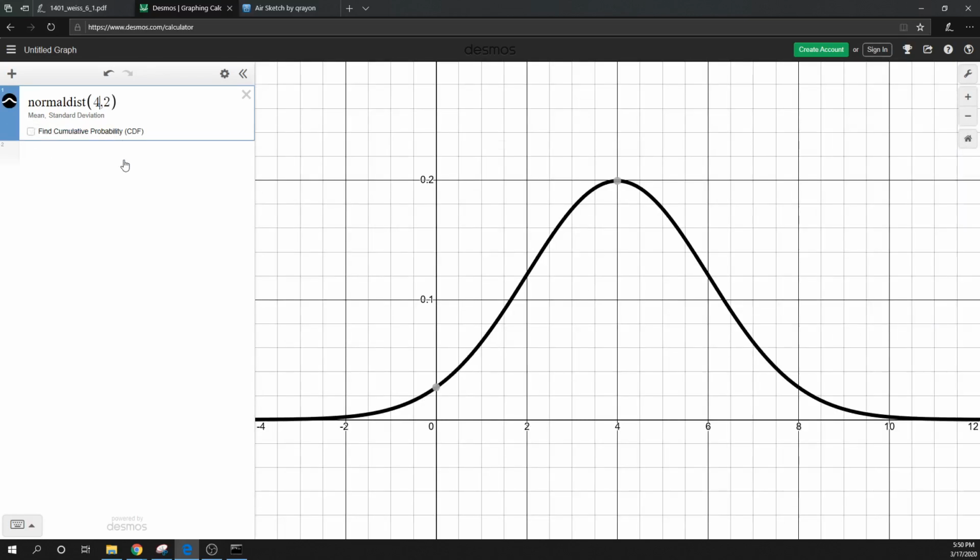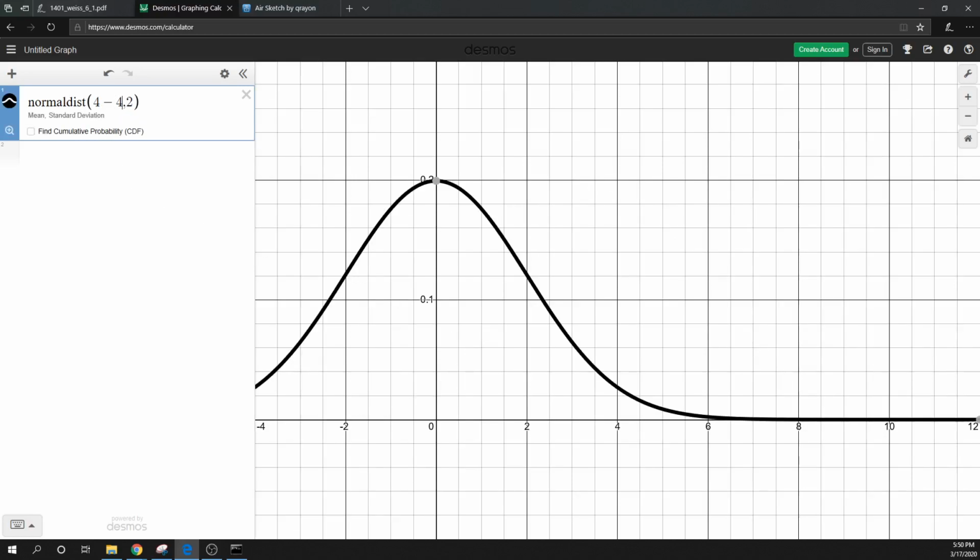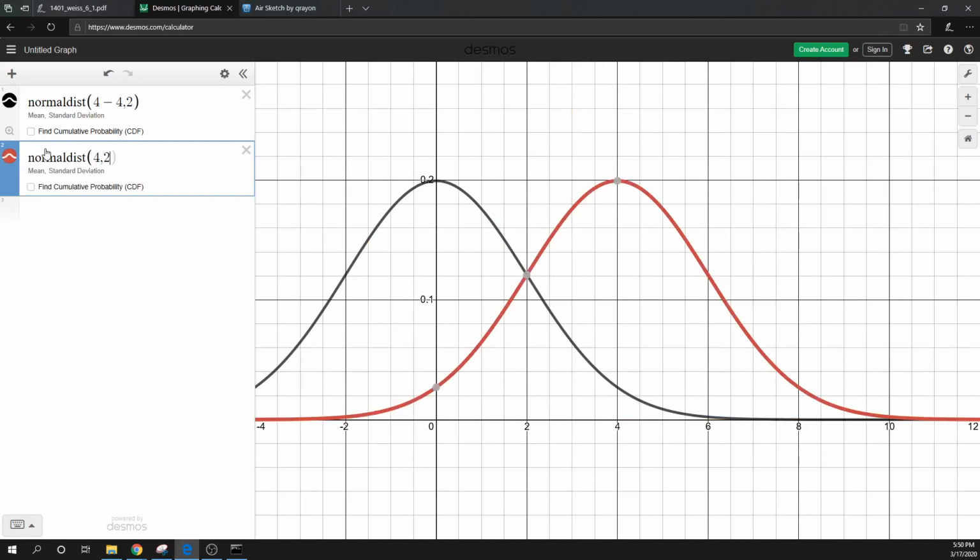And then if we subtract off 4 in here, you're going to see that basically that shifts the old curve. Let me draw the old curve here, the one that we started with, the red one. The effect is that it shifts that center right to 0, which is the same as the standard normal distribution.